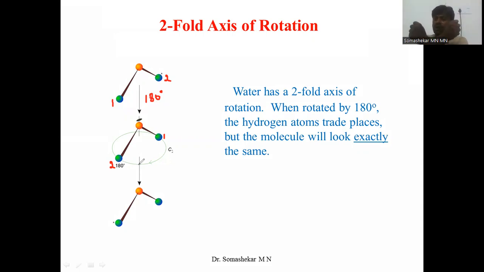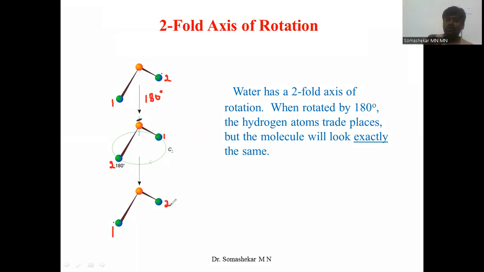Now I have rotated 180 degrees. Again I will rotate the molecule through 180. After rotating a second time, hydrogen 1 comes back here and hydrogen 2 goes there. Correct?